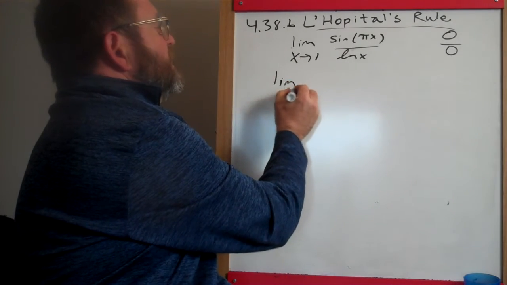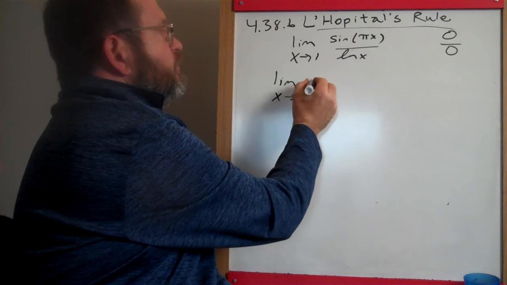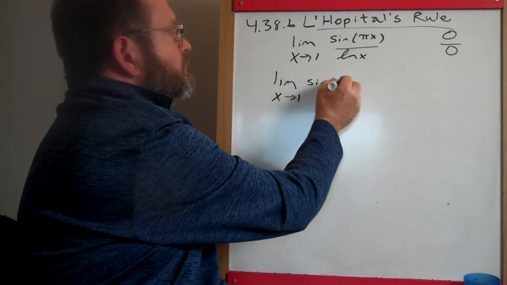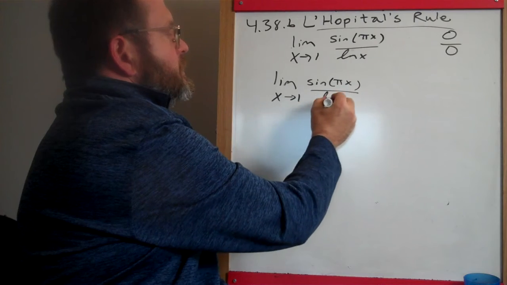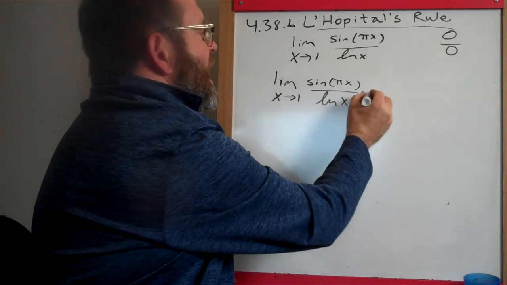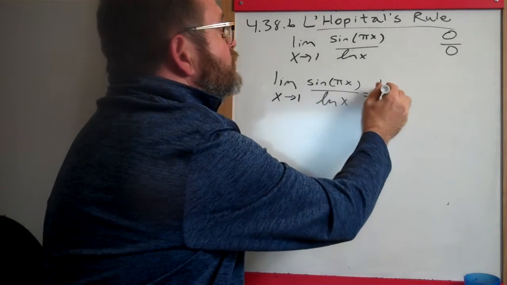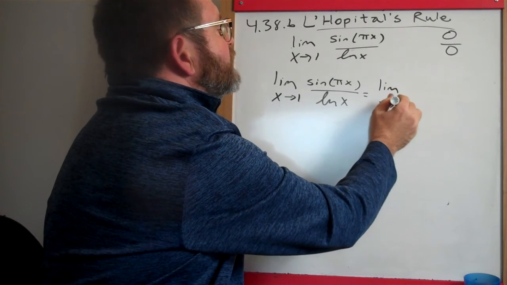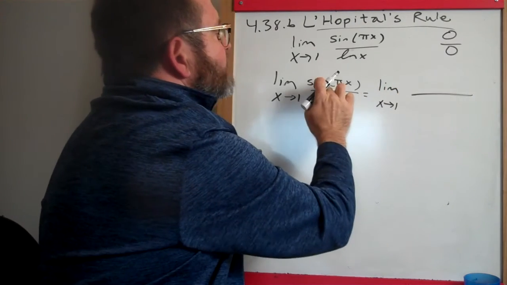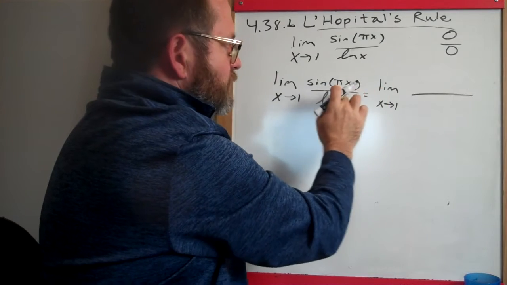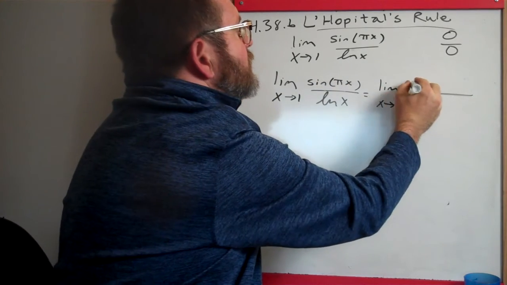L'Hopital's rule says that we can take our original expression and it will be equivalent to the limit as x approaches 1 of, okay, the derivative of the numerator. It's a chain rule: we've got an inside part and an outside part.